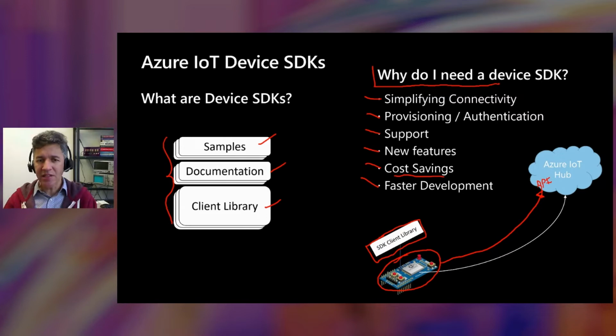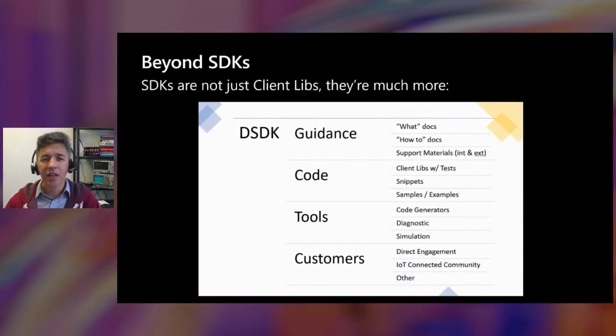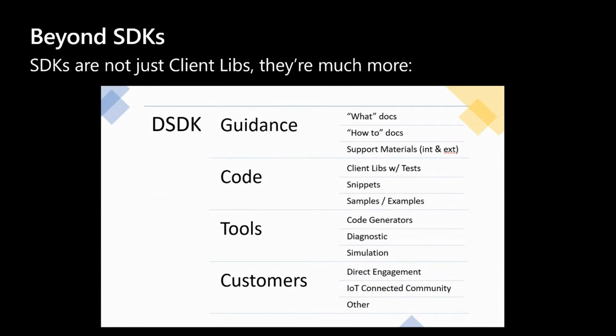But these SDKs go way beyond, as we can see here in this picture. We're looking at the client library, but they go way beyond that. They're not only providing the client libs, as we can see here on code: the client library with the tests or code snippets, and the samples or examples for all of this code. There's much more.